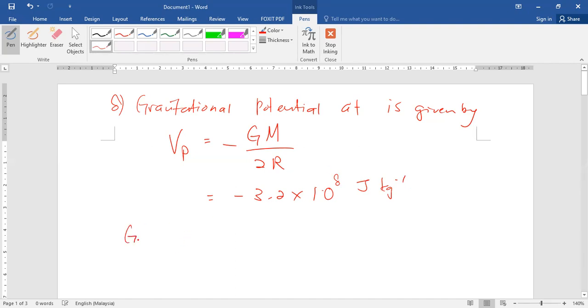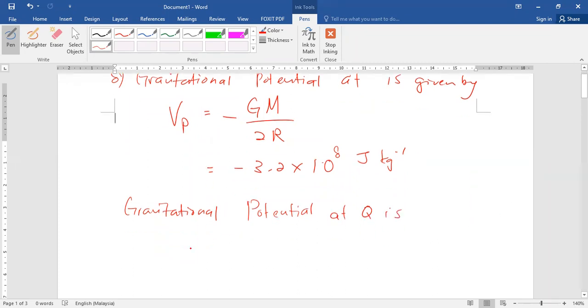And the gravitational potential at Q, VQ, is equal to negative GM over 4R.